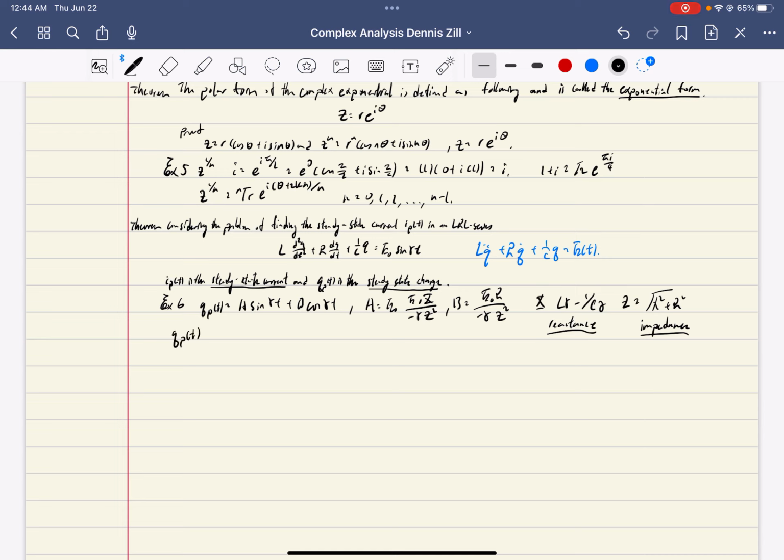And therefore your Q_p, since now we have solved for your a and b, right? So now your particular solution is equal to negative E naught X divided by gamma Z squared sine gamma t minus E naught R divided by gamma Z squared cosine gamma t, right?